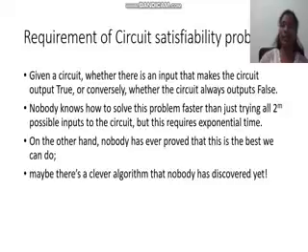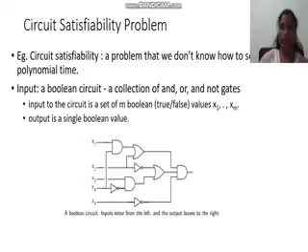But when a solution is given, for example in this particular circuit, when I give some values for x1, x2, x3, x4 and x5, we can definitely say what the output is. So I can verify whether for this particular set of inputs the output is true or not.